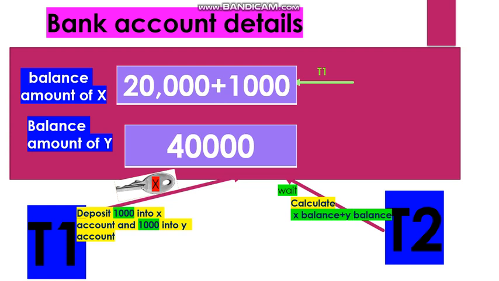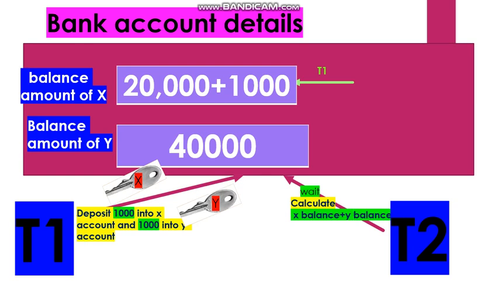Now, after holding the lock on balance amount of X, it adds 1000 to the balance amount of X. Now, without releasing the lock on balance amount of X, it tries to acquire a lock on balance amount of Y. As there is no lock on balance amount of Y, it can acquire the lock on balance amount of Y.